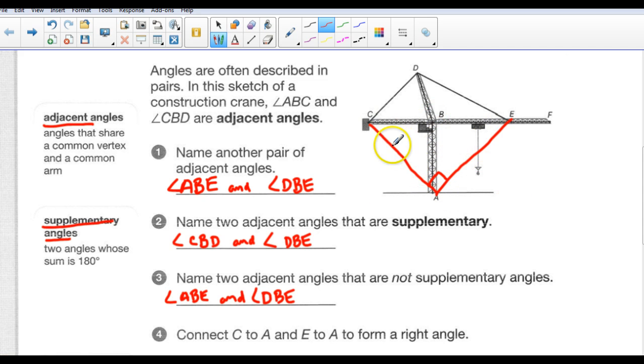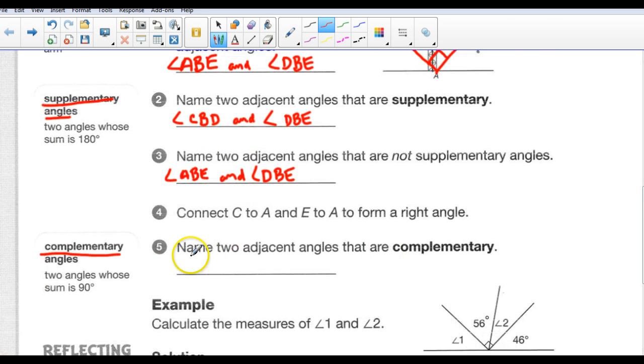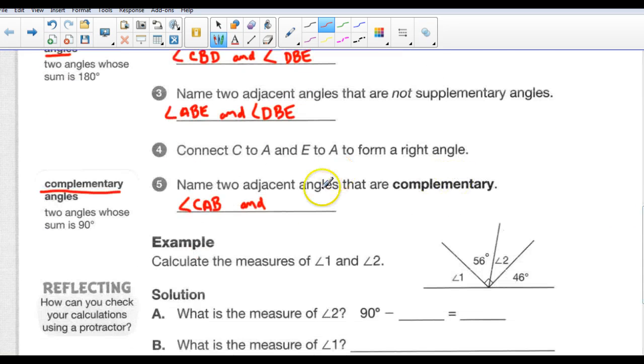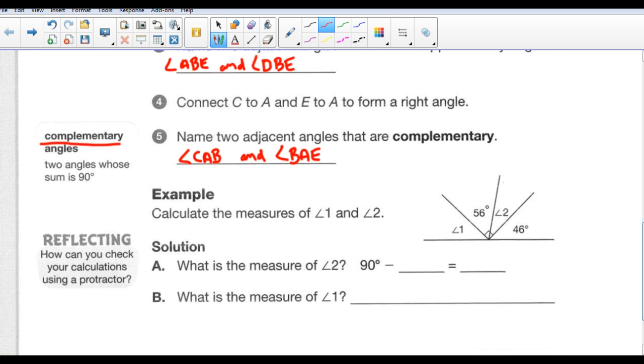So it's going to be angle CAB, and let's find the other one. Looks like it's angle BAE. And those are complementary angles because they add up to 90.